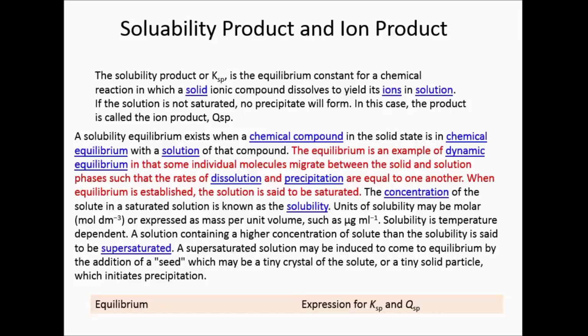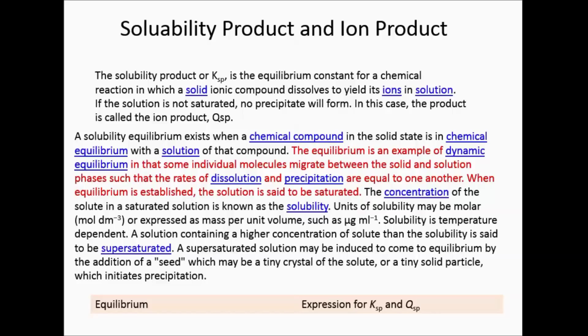If the solution is not saturated with ions, no precipitate will form. In this case, the product is called the ion product, or QSP. A solubility equilibrium exists when a chemical compound in the solid state is in chemical equilibrium with a solution of that compound.